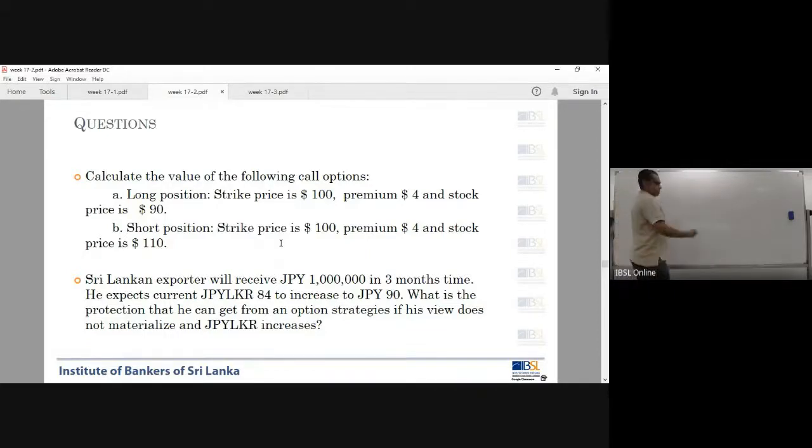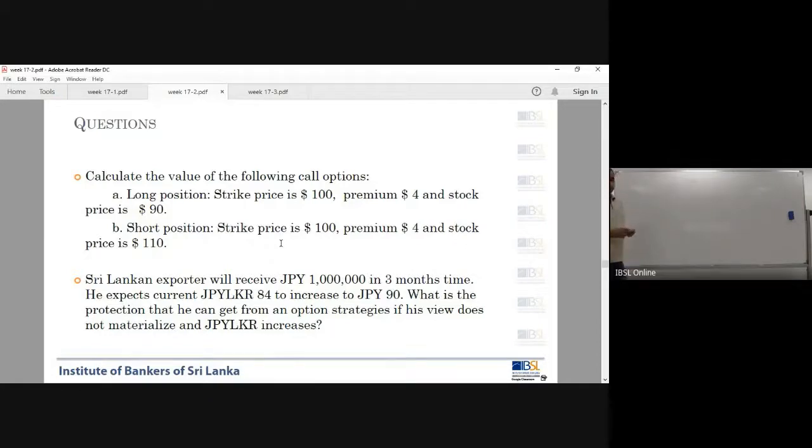Long call option. Strike price 100. Premium 4. And the stock price is 90. So is this option in the money or out of the money?